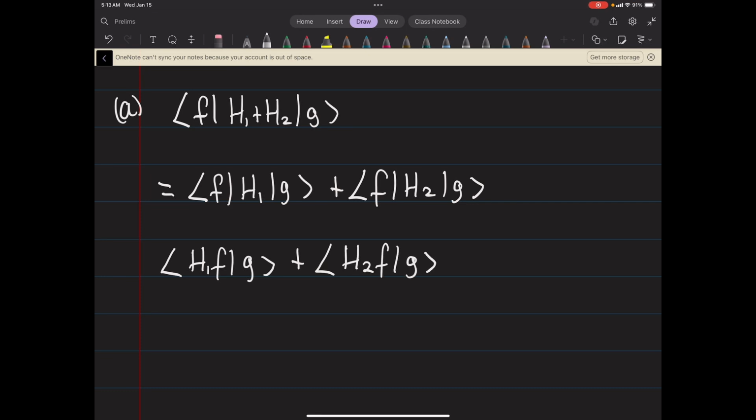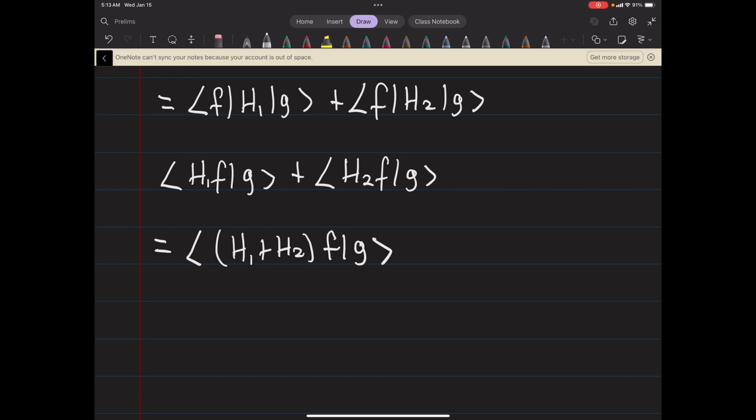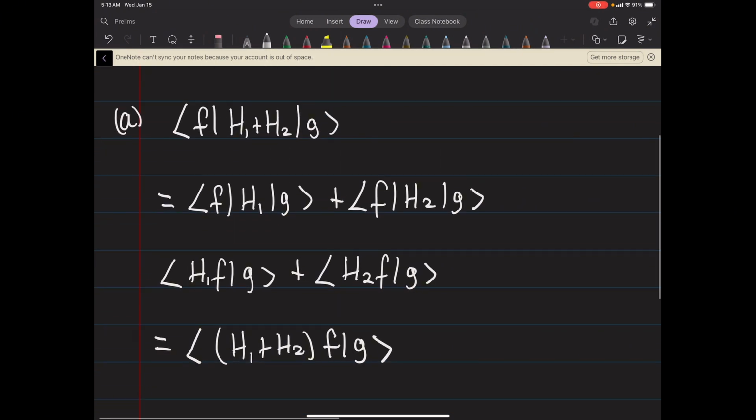But then I can write this as now just one inner product, which is H1 plus H2 and F, G. But that's the definition of a Hermitian operator, so that satisfies what we're trying to show.